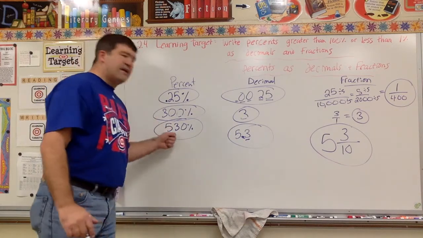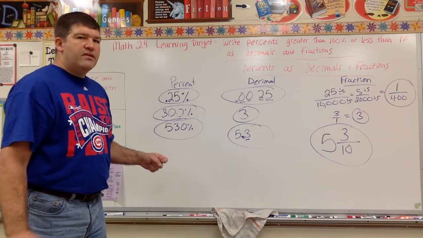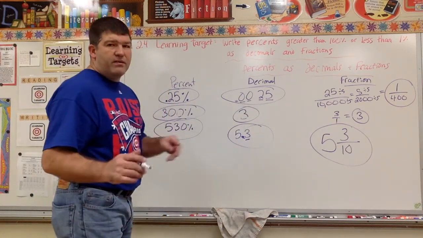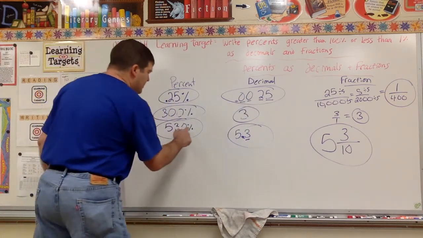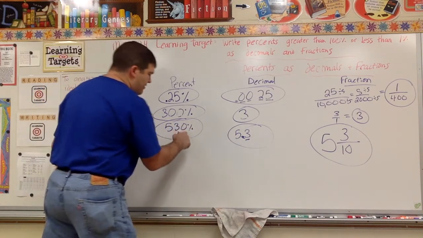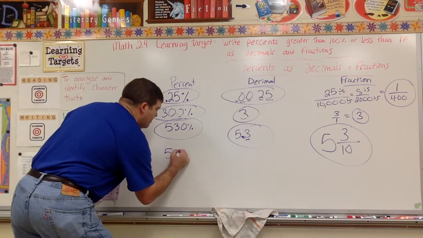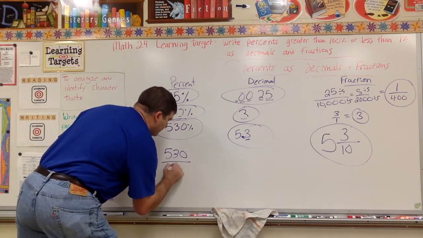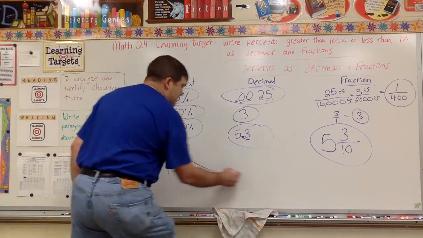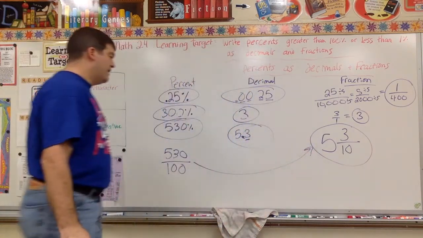If I wanted to take this to a fraction first, when it's over 100%, I could take it to a fraction first. Because when anything's a percent, 530, it's that many, 530 over 100. So this and this are the same.